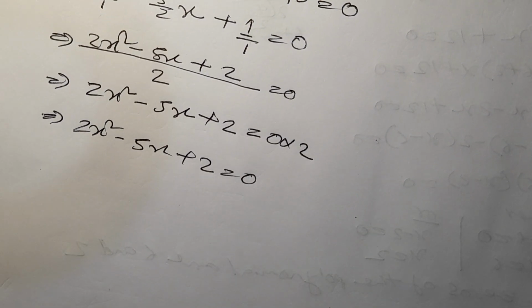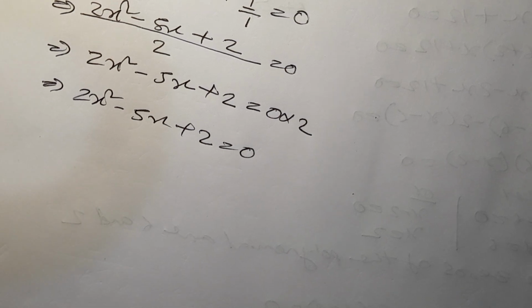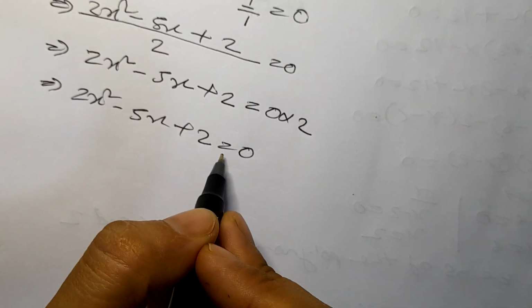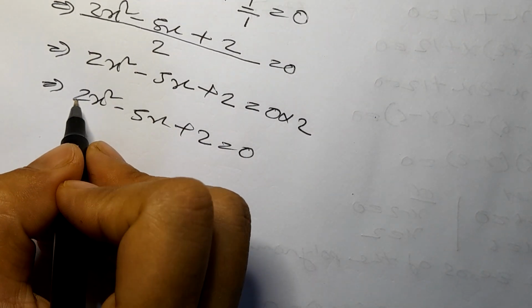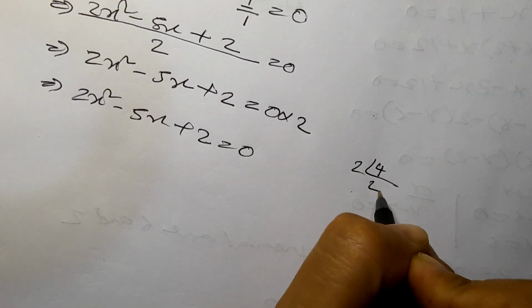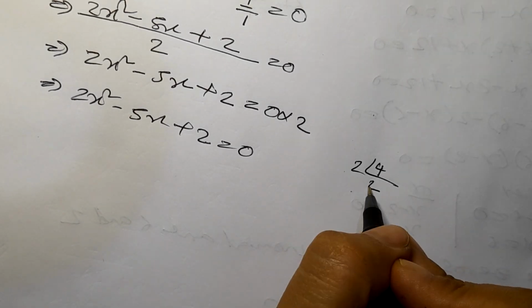We got the quadratic polynomial. Now we have to find the zeros of the polynomial. So for finding the zeros of the polynomial, multiply the a and c. So a is 2, c is 2, that is 4. Prime factorization of 4, that is 2 into 2. We have to make it 5 by addition, 4. 2 into 2, 4.